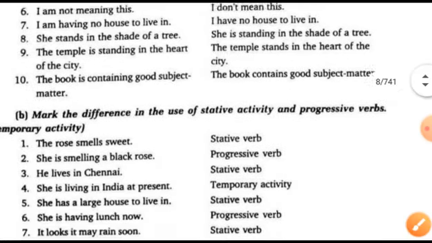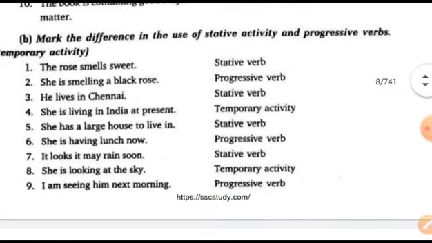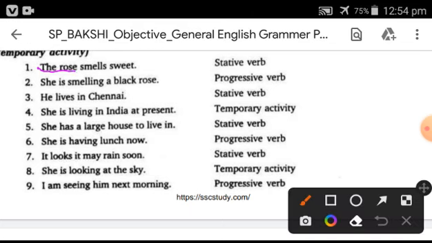And here is a very similar slide. Before that slide, the rose smells sweet. The rose smells sweet. What meaning does it hold? The rose smells sweet is a stative verb. It is static, not in progress.